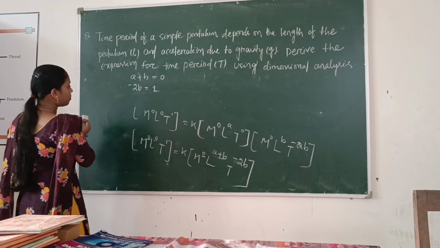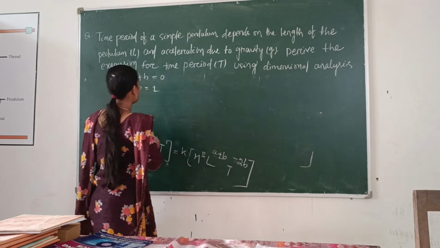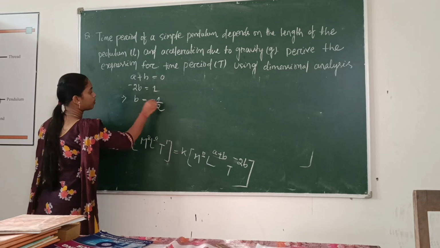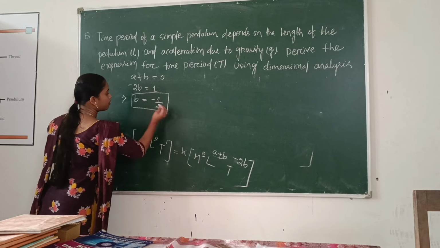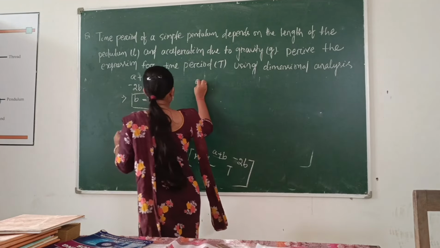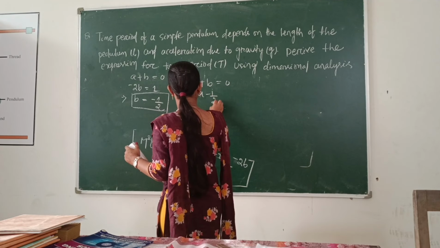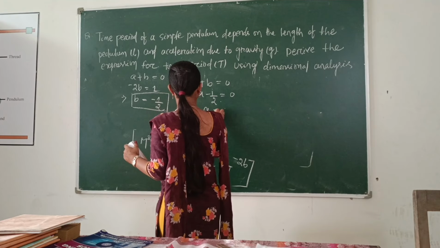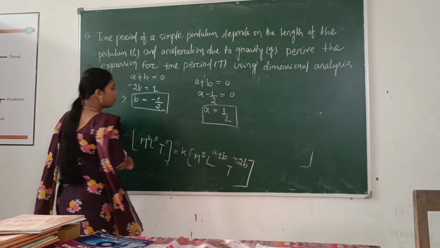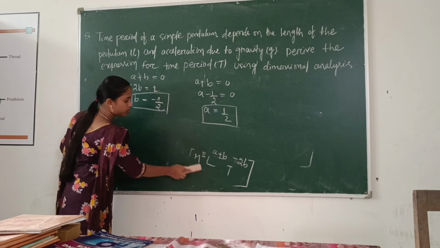So B is equal to minus 1 by 2. Then for this value of B, A plus B is equal to 0, so A plus minus 1 by 2 is equal to 0, so A is equal to plus 1 by 2. So we have found the values of A and B. Now putting the values of A and B in equation 4.